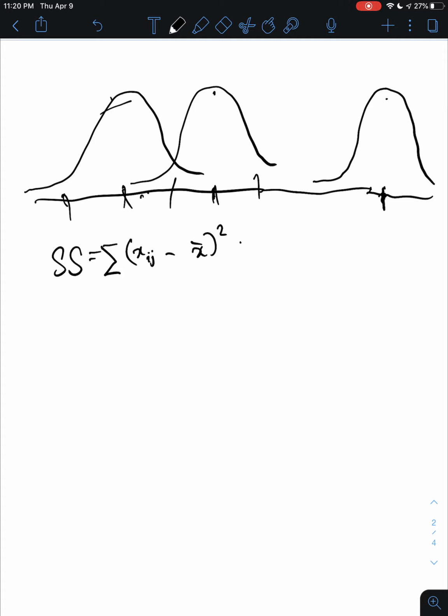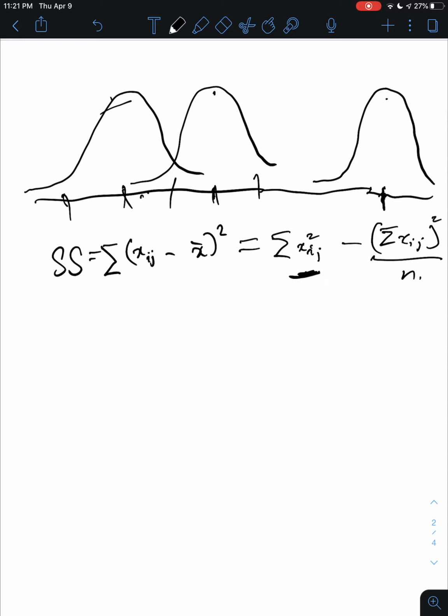And just like we did with the computing formula for the variance, we can just take the squares of all the measurements. This is everybody in each treatment, each individual in each treatment, and I just square them. And then I can, from there, subtract what I get if I add them first, and then square that.